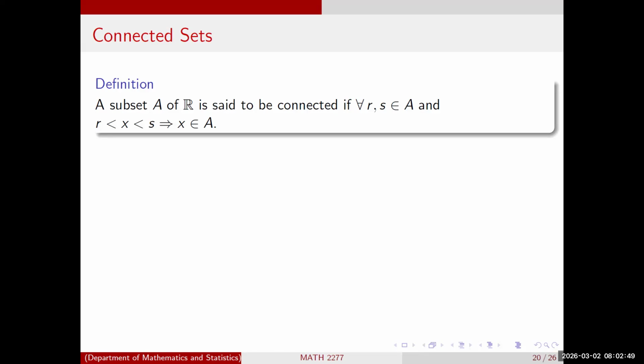So the idea of a set being connected, of course, we are only interested in sets and subsets of R. So a subset A of R is said to be connected if for any two points, any two numbers in A, call them R and S, and any point, let's say X, between R and S, then X will belong to A.